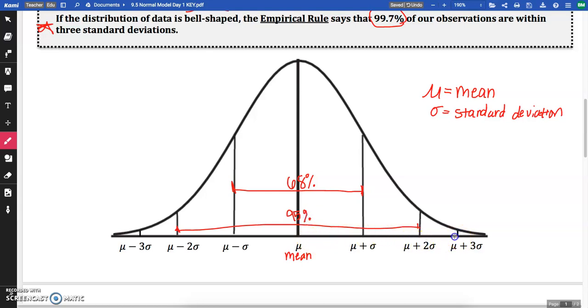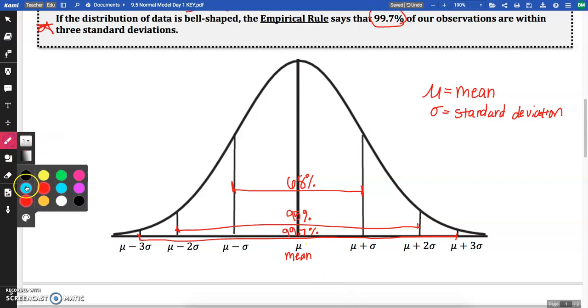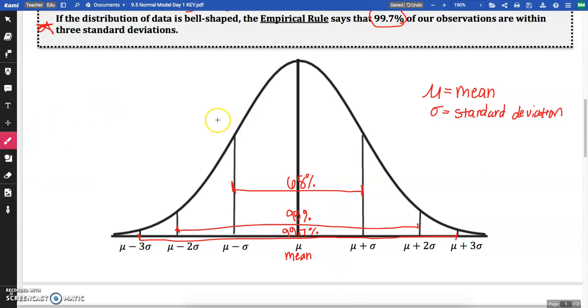And between 3 standard deviations, that's where we get that 99.7% of the data.